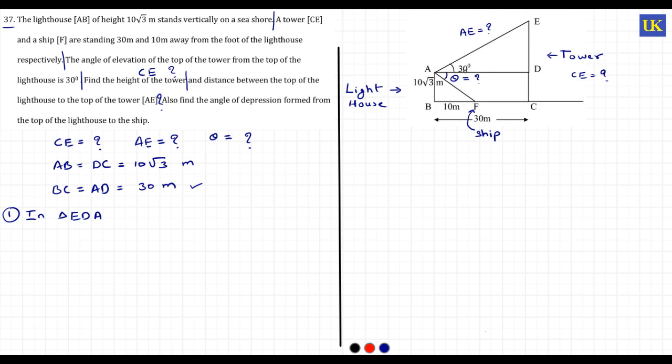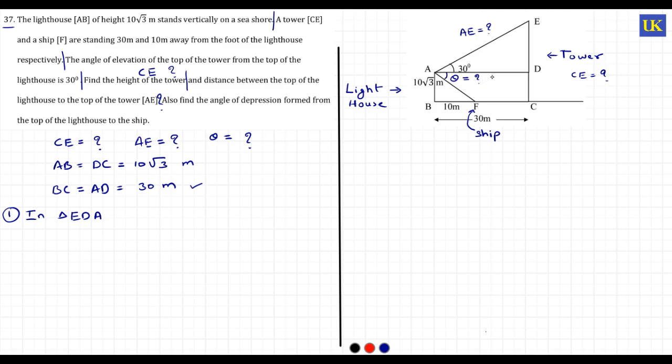Now this is theta. The side adjacent to theta is the base, the side opposite to theta is the perpendicular, and this is the hypotenuse, because here it is making a 90-degree angle.